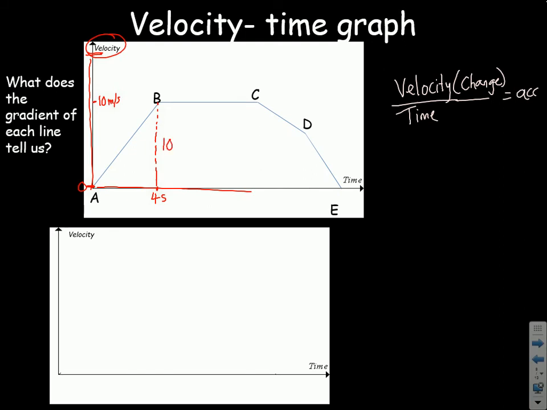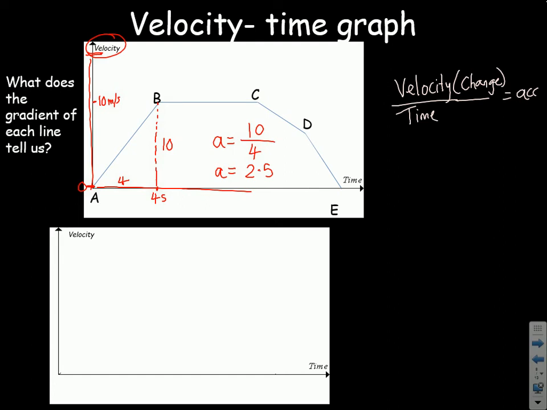So our rise is 10 meters per second, and our time period is 4 seconds. So our acceleration is change in velocity 10 divided by time taken 4. Therefore our acceleration from A to B would be 2.5.